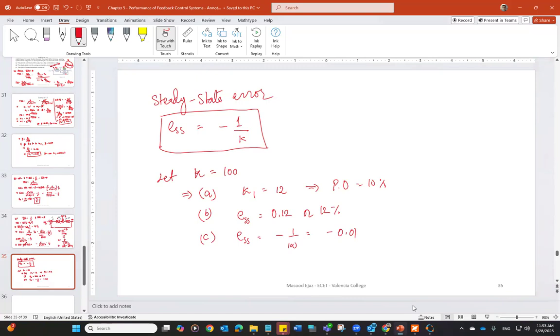Now what we are going to do, we are going to plot both the disturbance step response and the output due to the step response and disturbance when we have these K values and K1 values. We are going to plot the response for the output for the input step response and the disturbance step response, and then we will see how they compare for these K and K1 values.